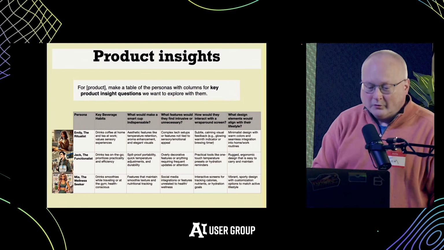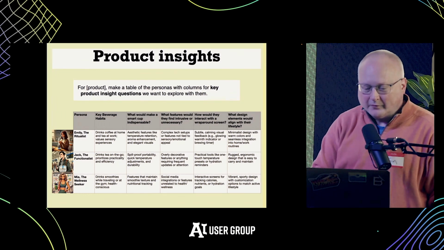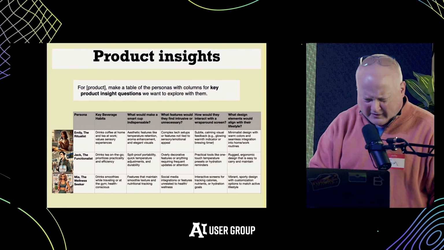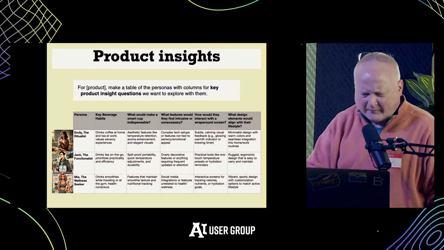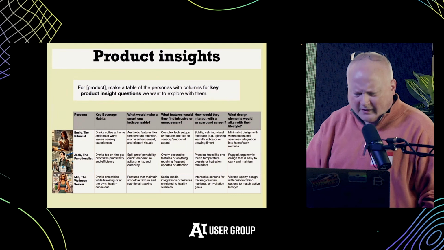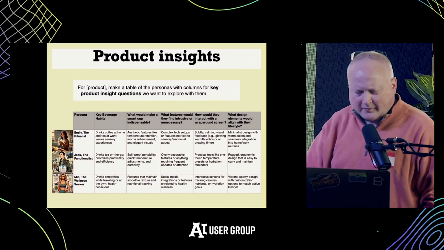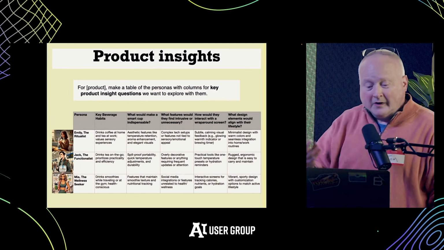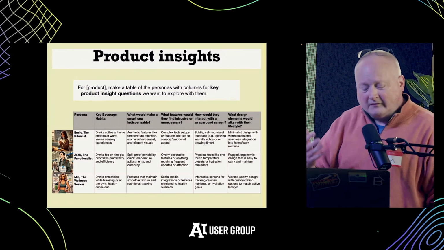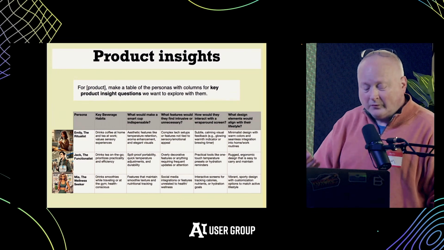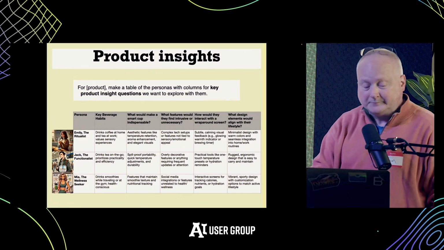So what would make a smart cup indispensable? For instance, Jack says it needs to have spill-proof portability, quick temperature adjustments, and durability. So great. Each of these questions is giving you some different insights into how to approach your product.